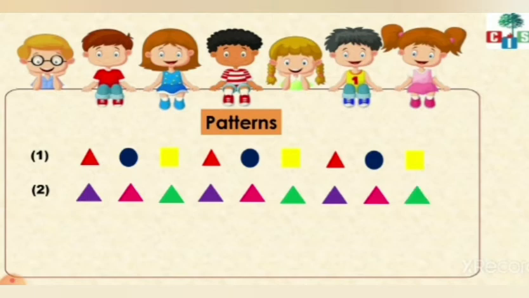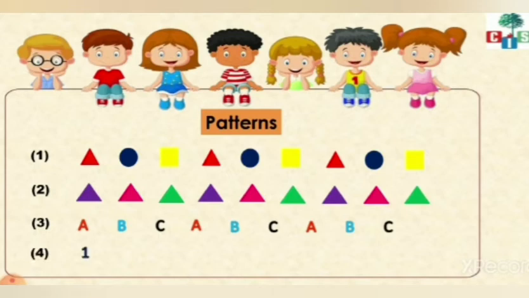Let's see the third one. Alphabetic. A, B, C. Again I'm getting A, B, C. A, B. Now it will be C, right? Now let's see the next one.